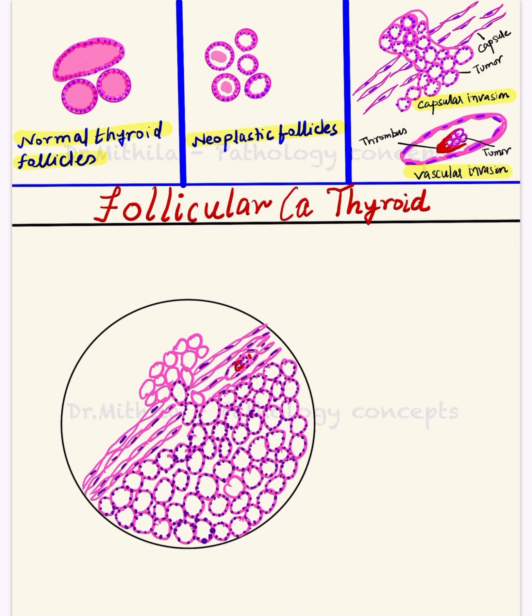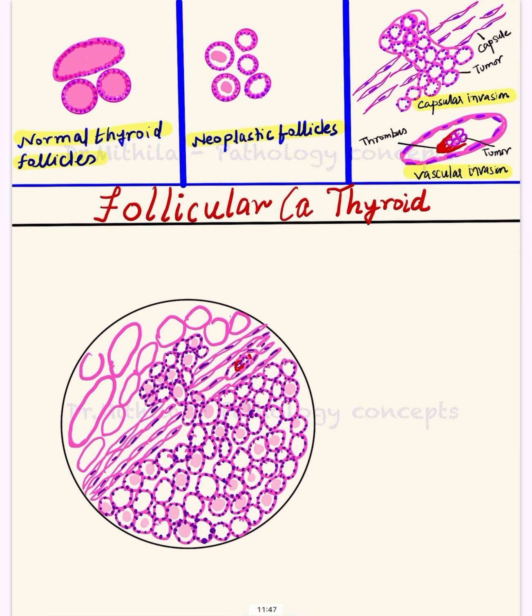Now the tumor is breaching this capsule, showing a mushrooming type of growth and coming out of the capsule, reaching beyond the capsule. And in the blood vessel you have made the neoplastic follicles along with the fibrin thrombi. Even if you don't make the vascular invasion, it will still be a diagram of follicular carcinoma thyroid. Now in some follicles you make the colloid, in some you can skip filling with the colloid.